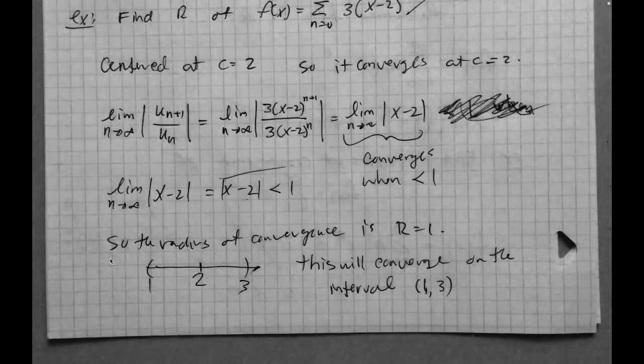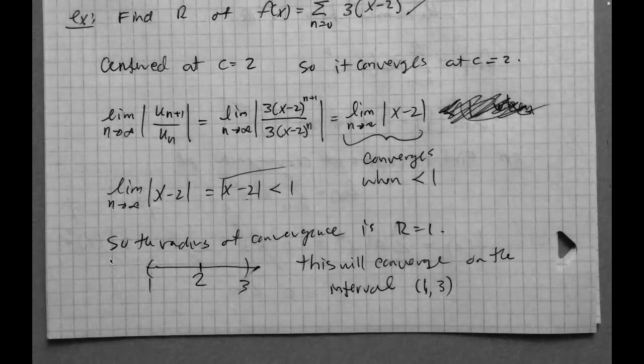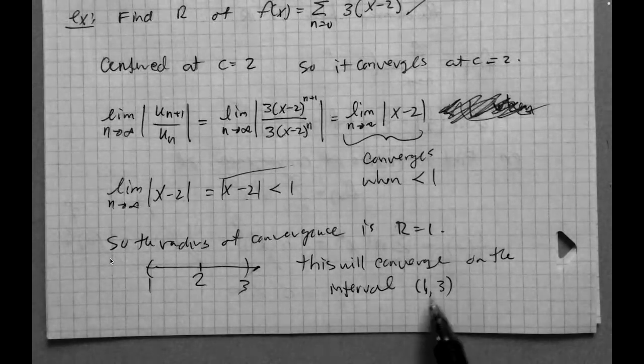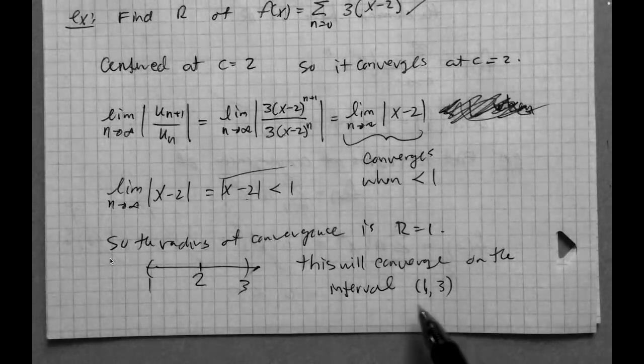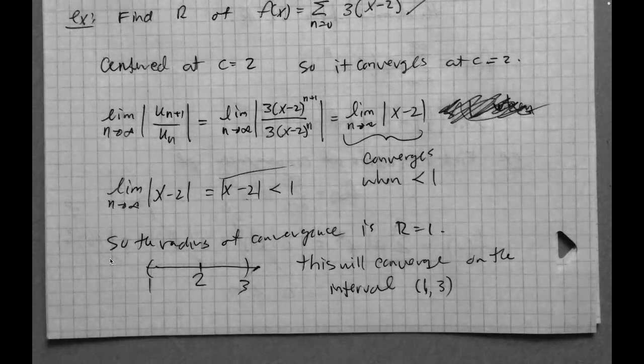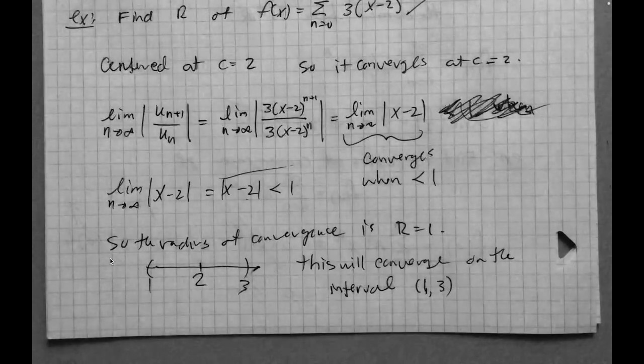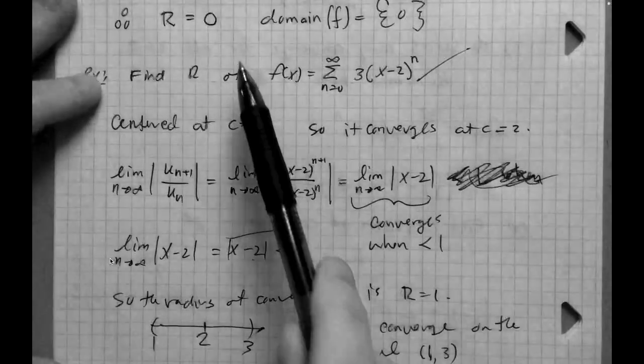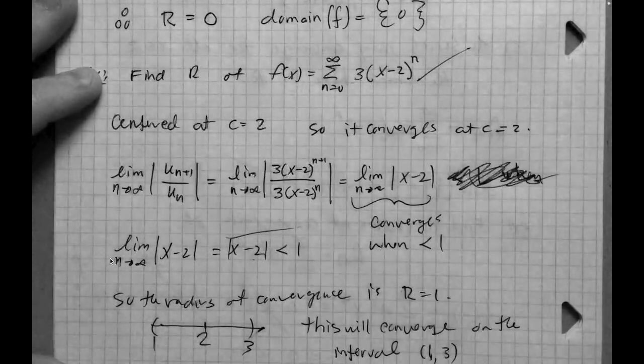Okay. So in this example, the interval of convergence is not just a single point, but an infinite number of points, all the points lying in the interval from 1 to 3. So if we were to plug in 1.765, for example, just one crazy number that's in here, for x, the series would converge.